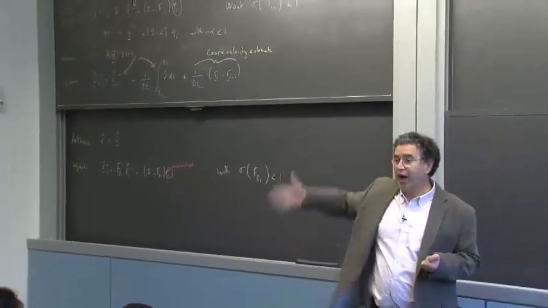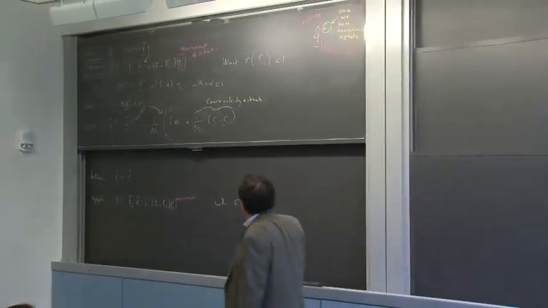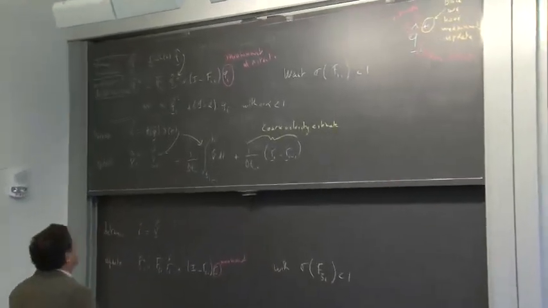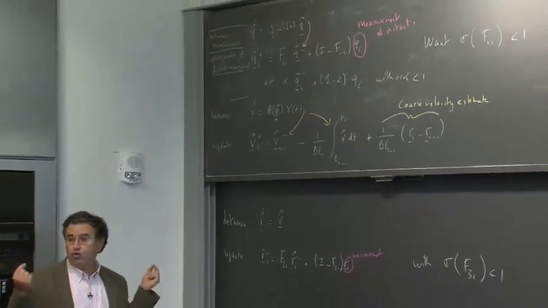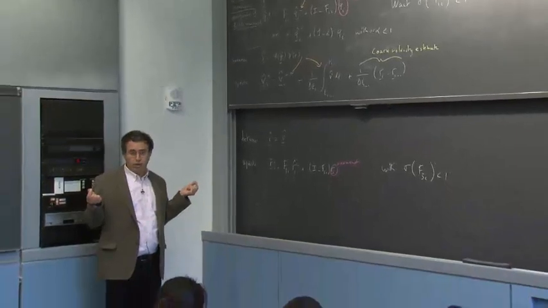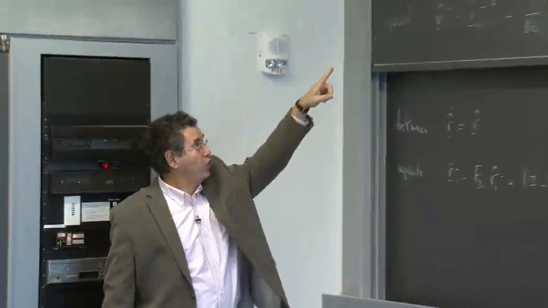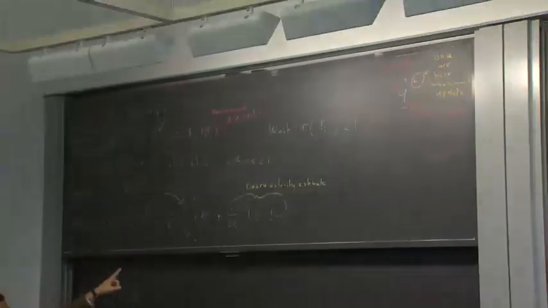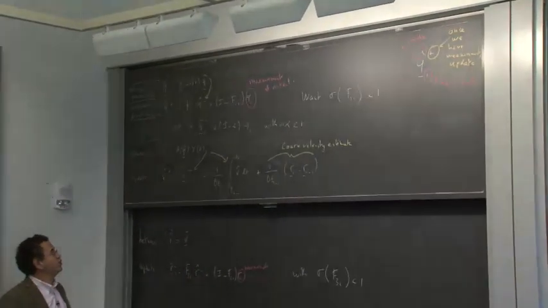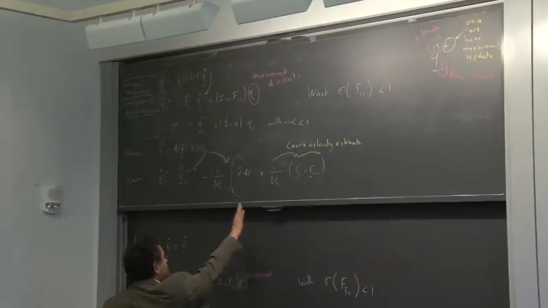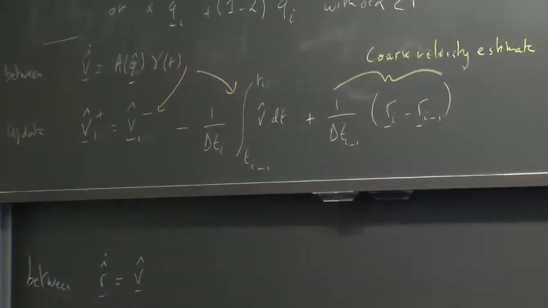And therefore, the entire observer is contracting. Now, of course, by construction, it was also made sure that the real system is a particular solution of the observer. That's true for the first equation, and it's true for the second equation, although it's more complicated, because if you have the real system, then these two terms are going to cancel. And of course, it's true for the third equation as well.